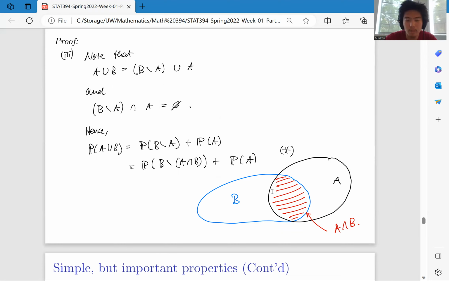And this is also the same as P(B) minus P(A intersection with B) plus P(A).